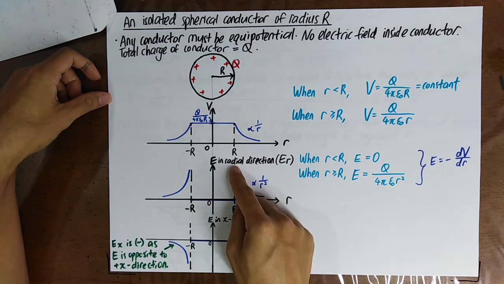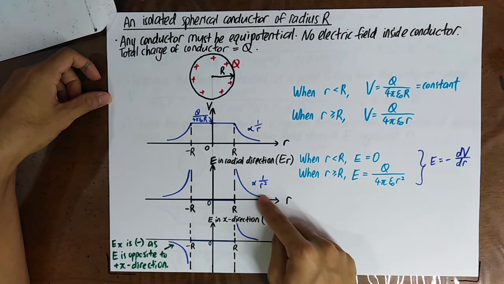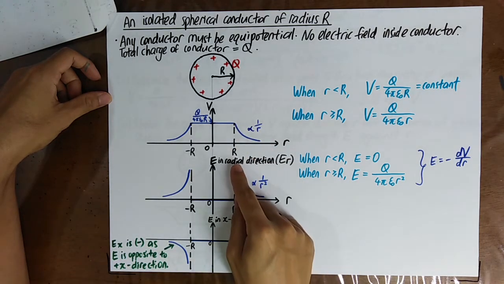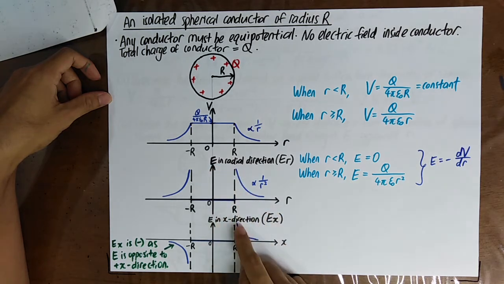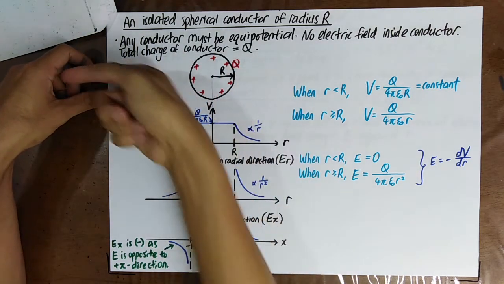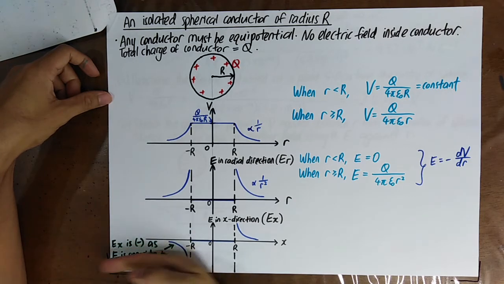So it will definitely fall more sharply than this. If you want to consider the electric field in the x direction, then of course this will be negative, because in this region, the electric field is pointing to the negative x direction.